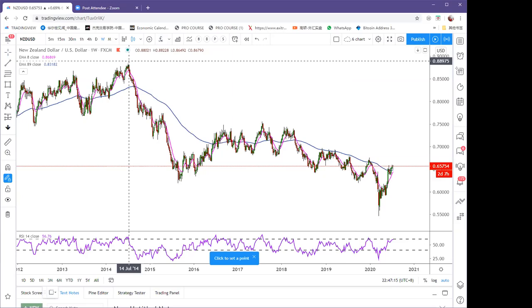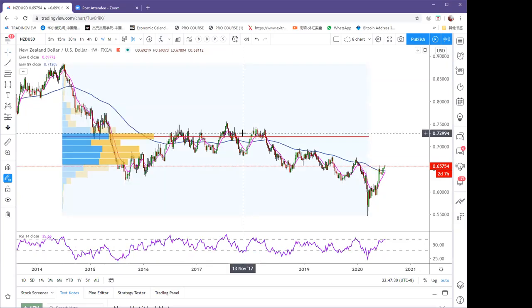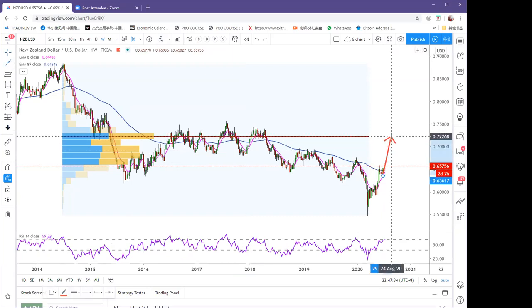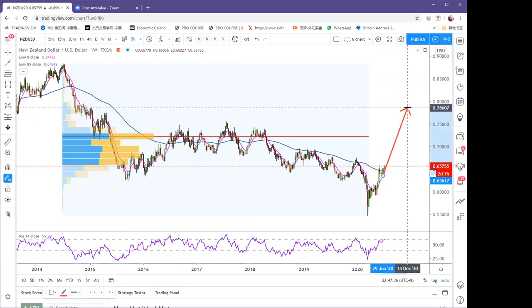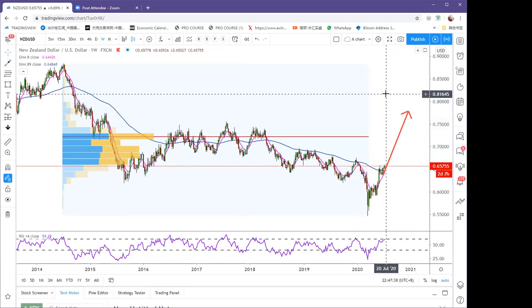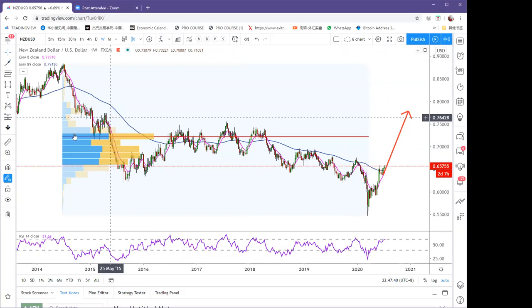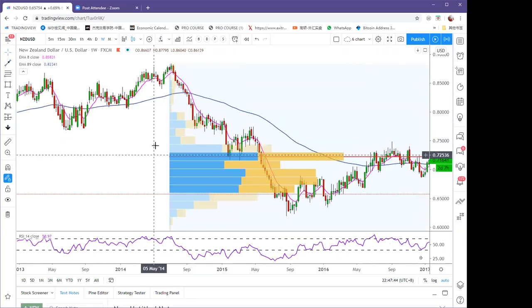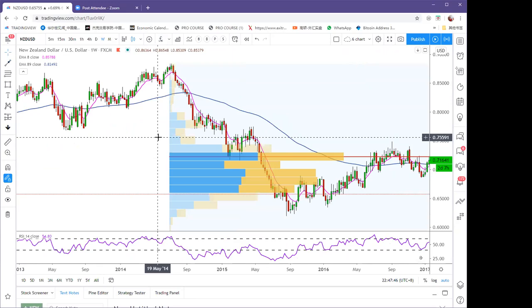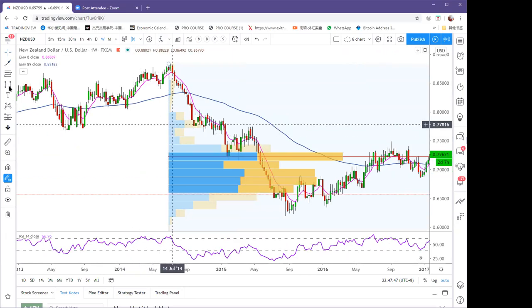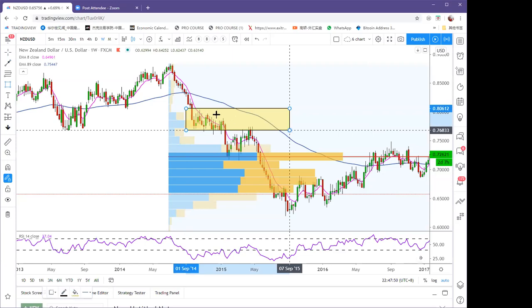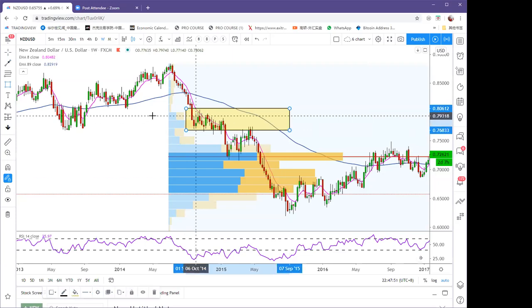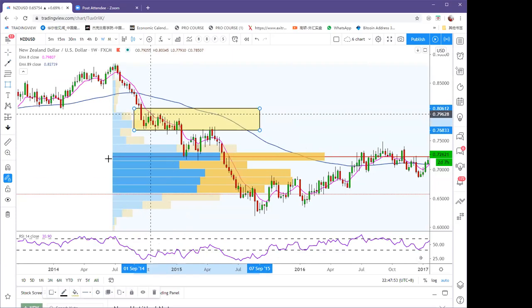This place has a lot of people buying and selling, but this time I think the price is going to break this place to the area about 0.78, because this place also has a highly weighted volume.